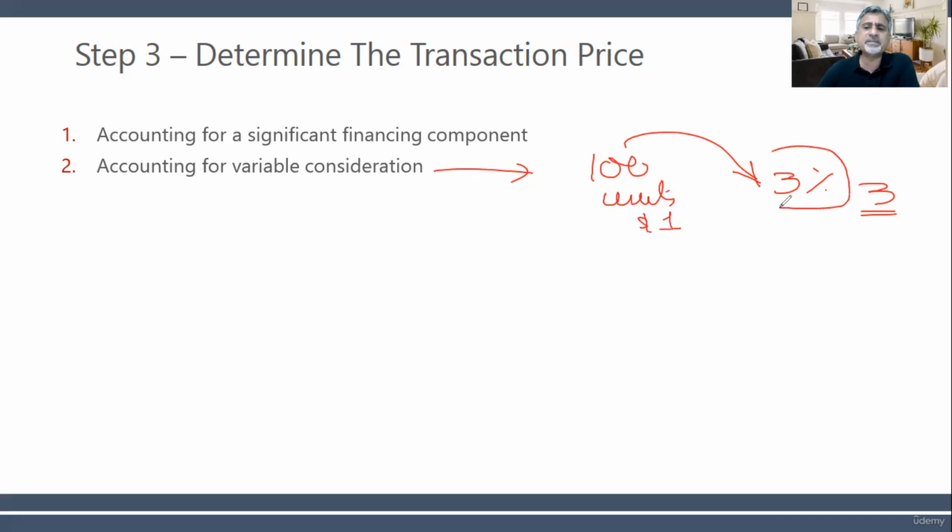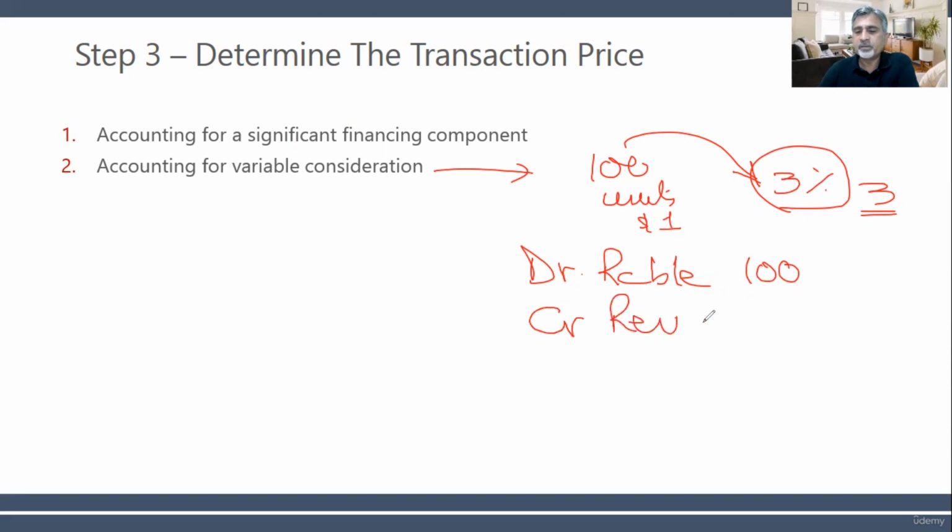And I know that 3% usually comes back. When I know that, I say debit receivable 100, because I have given the invoice of 100, credit revenue 97, because I know that 3 will come back, and credit refund liability $3.